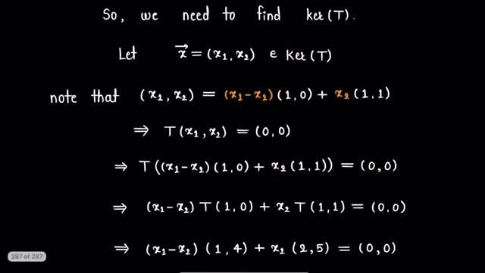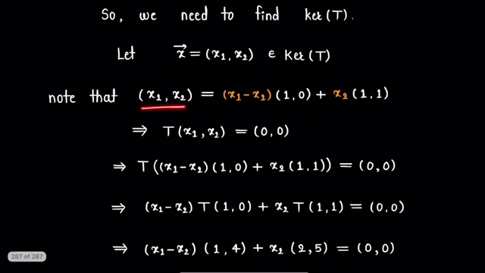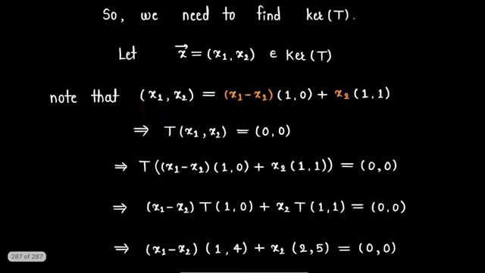For this, let us consider an arbitrary vector x equals (x1, x2) in the kernel of T. This vector (x1, x2) can be expressed in terms of basis B as (x1, x2) equals (x1 minus x2) times (1, 0) plus x2 times (1, 1).